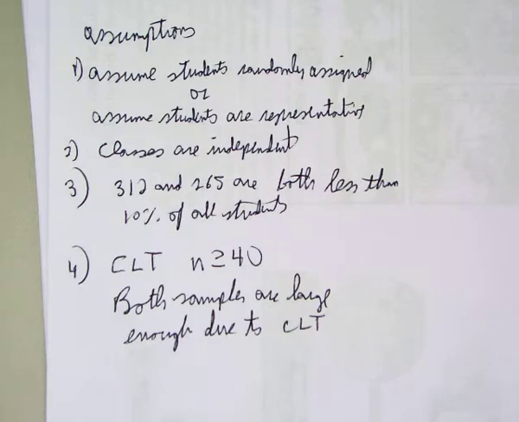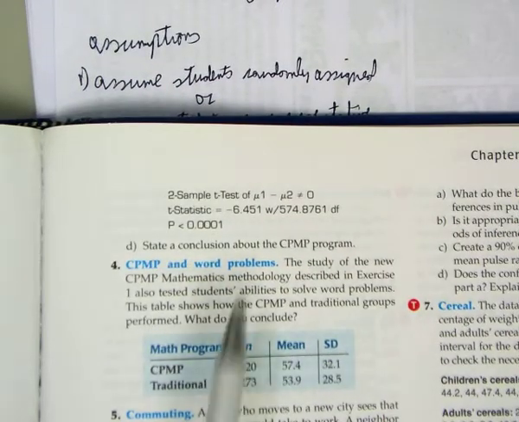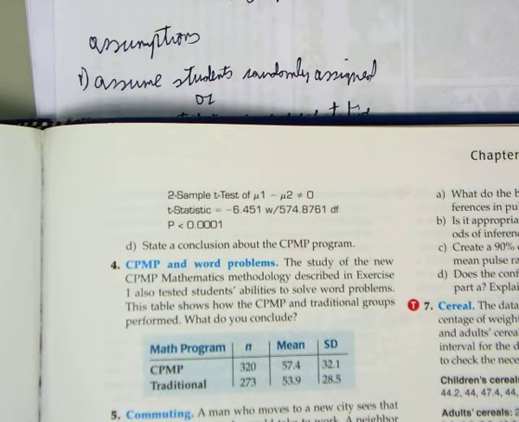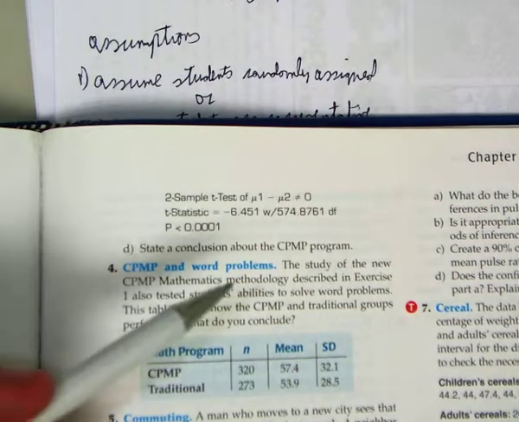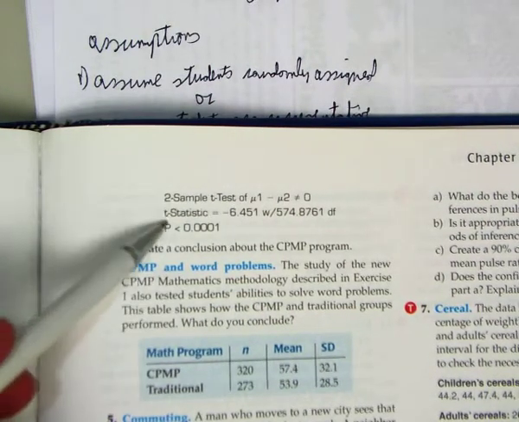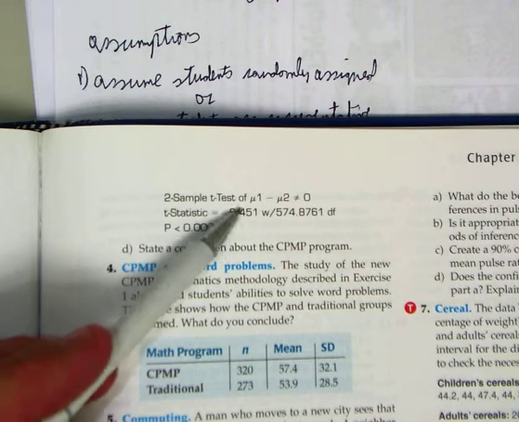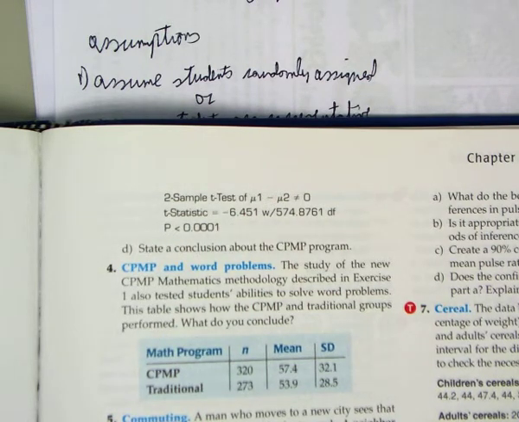So then here is the output from this. It says you got a 2-sample t-test, and here's what they tested. Here's the t-statistic. It's negative 6.451 with about 575 degrees of freedom, and your p-value is less than 1. So what does that mean?